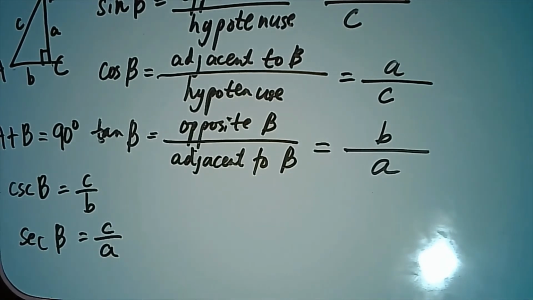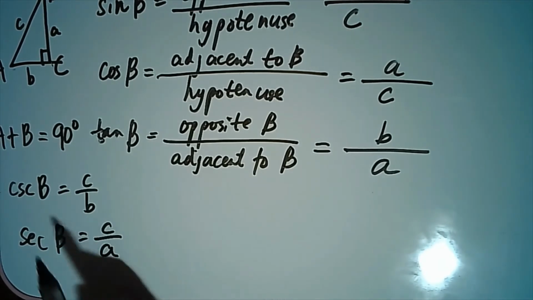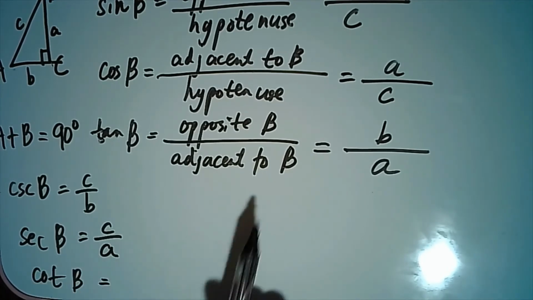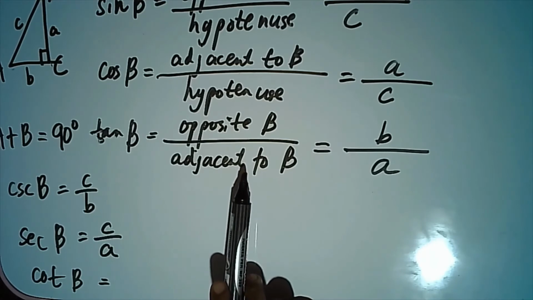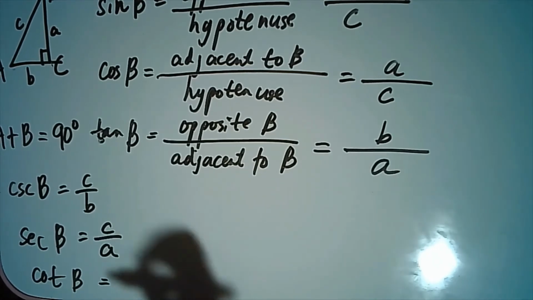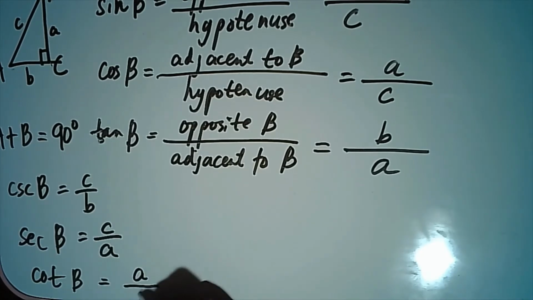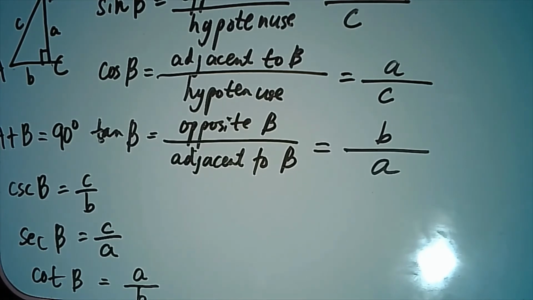And then last is the cotangent B, which is the reciprocal of tangent B. So that will be a over b. So these are the 6 trigonometric functions of the complementary angle B.